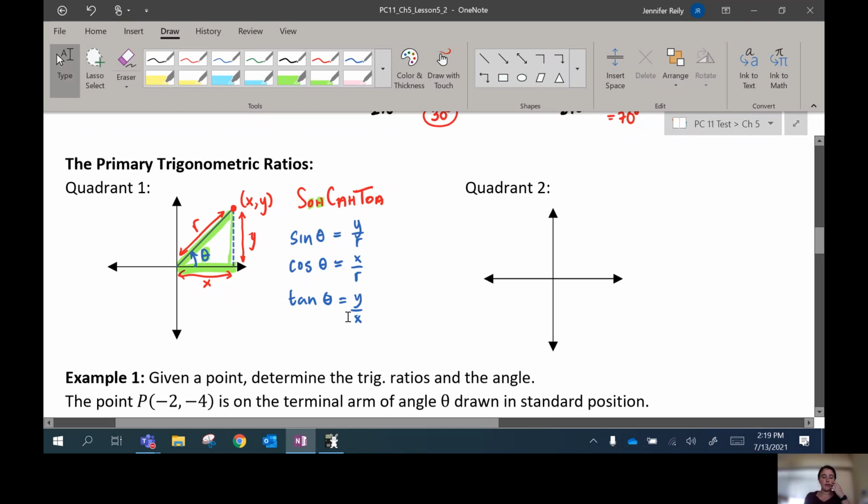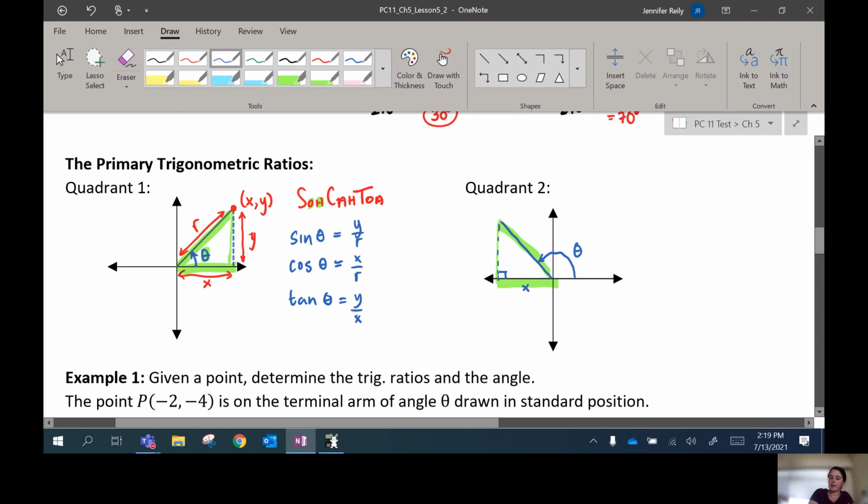These little formulas are going to stay the same no matter which quadrant we're in. So let's say we're in quadrant 2 now. I've got, let's say, an angle that looks something like that. Now, remember what we're going to do is create this little right triangle with the x-axis. Let's label all of these lengths.